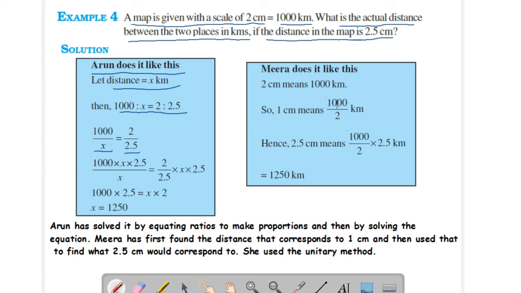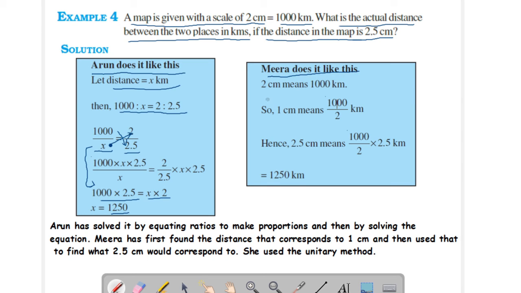That is, x is multiplied by 2 and 1000 is multiplied by 2.5. You will get this equation: 1000 into 2.5 equal to x into 2, and if you simplify this, you will get x is equal to 1250.